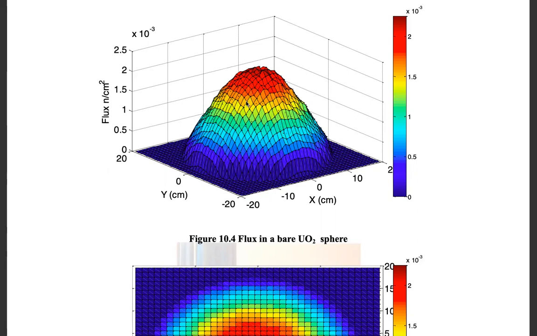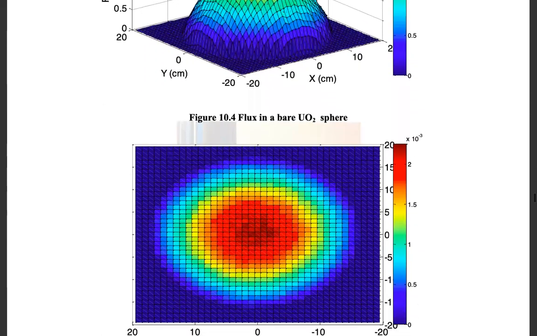So we don't like accidents in nuclear reactors because it can blow up and it can cause a lot of fatalities and it can spoil the environment. So nuclear reactors have got to be safe. So you can see what the flux looks like.